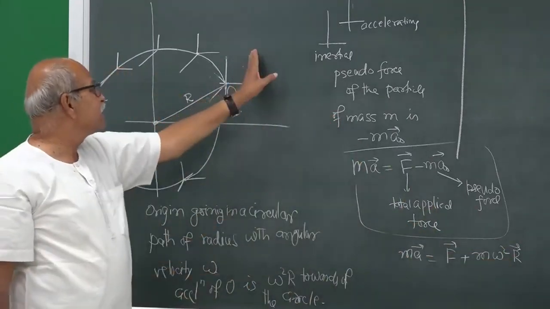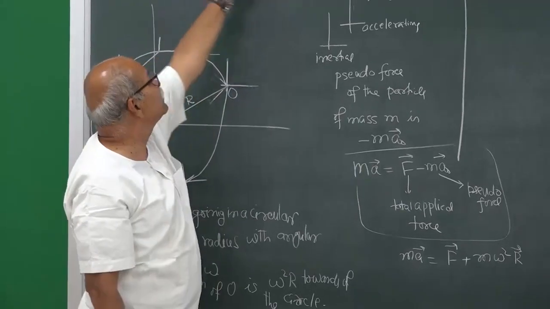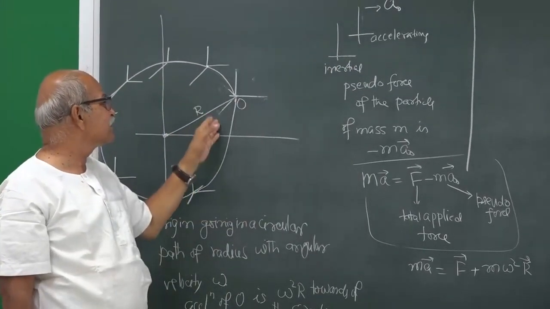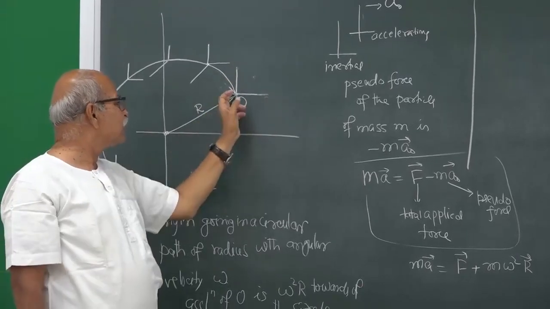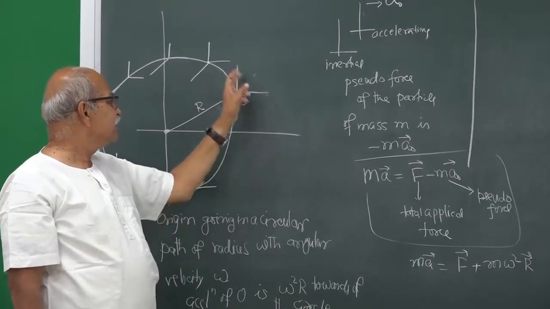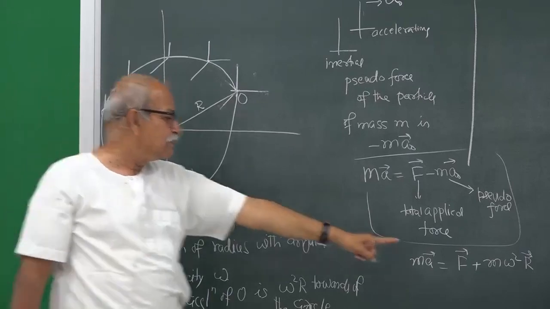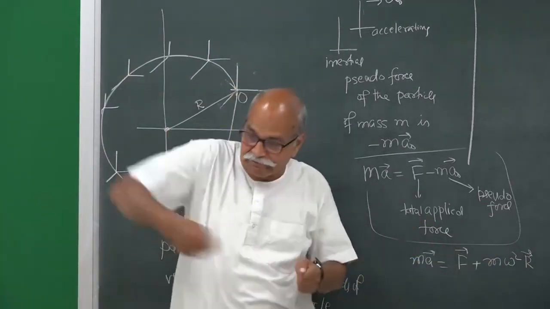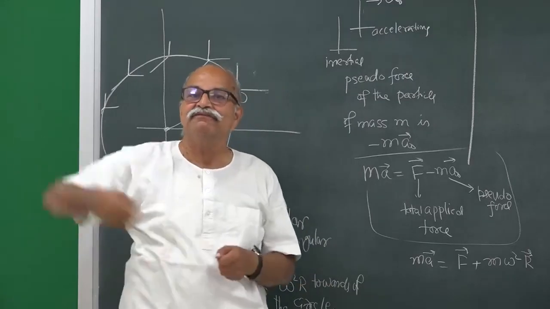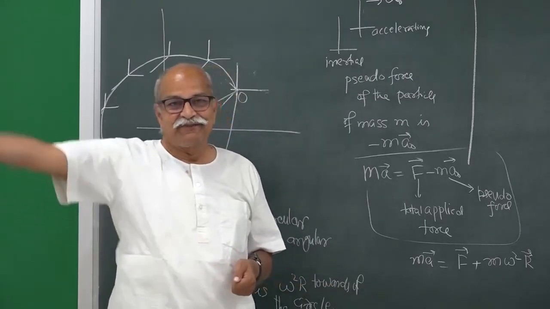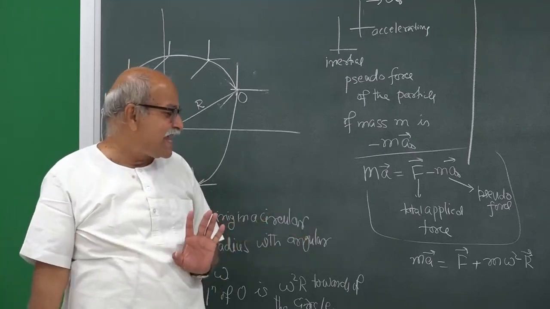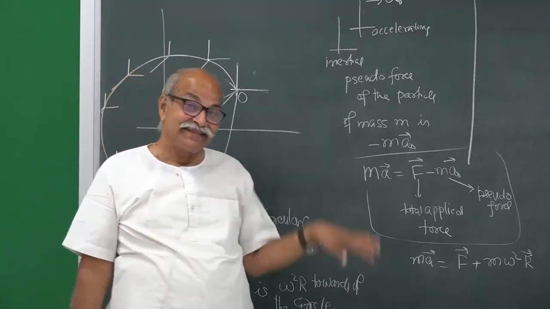If your particle is here going this way, here going this way, so if I am seeing from this frame, then the same force m omega square r is to be used. In centrifugal force, it is the distance of the particle from the axis, which is different for different particles. So, this will be added if the origin is translating.